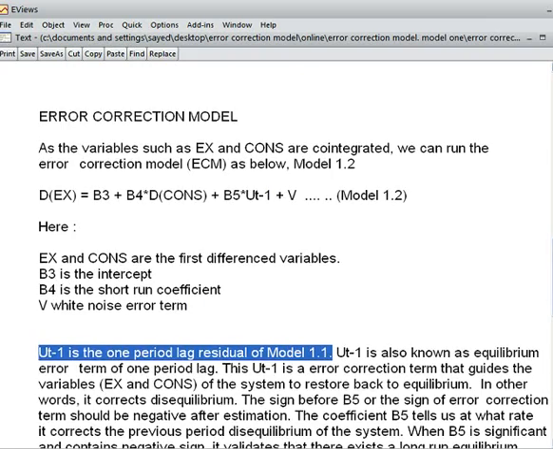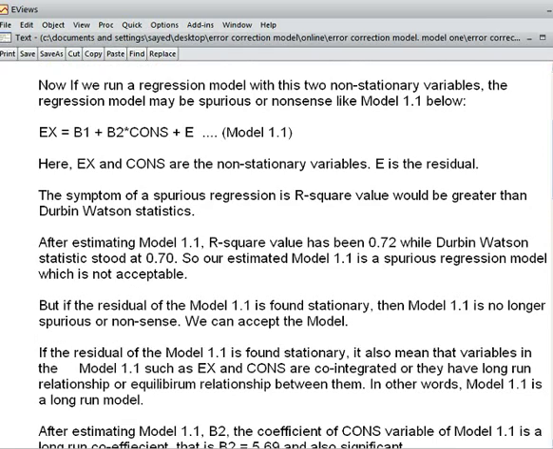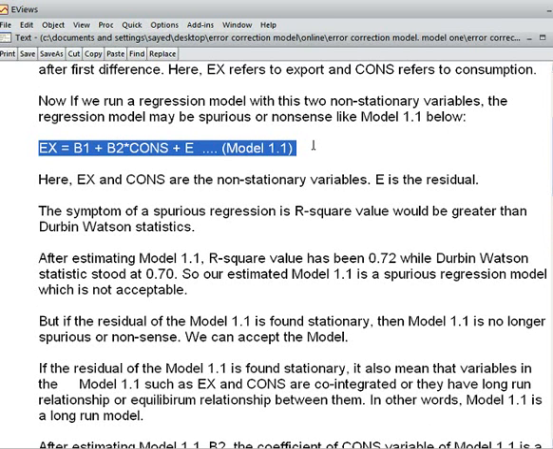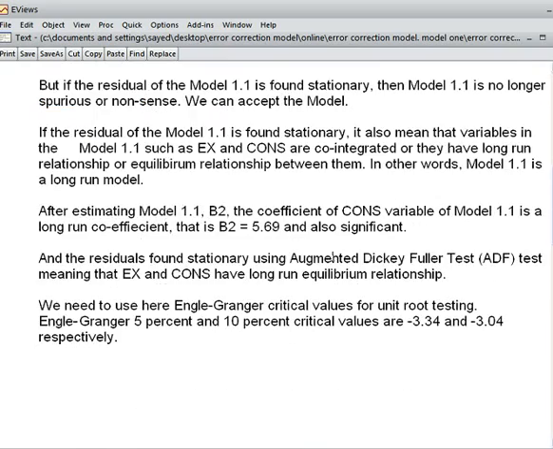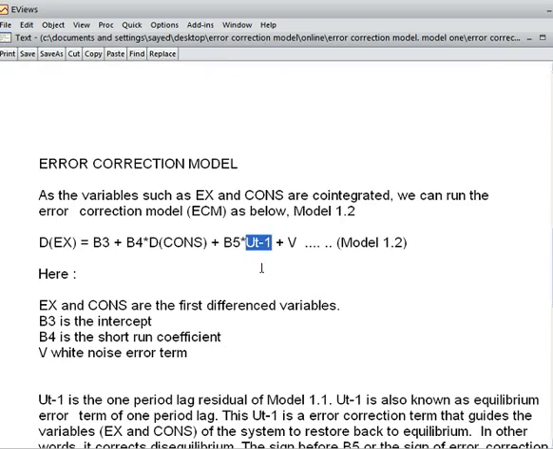We can go up, last time we saw it. We estimated this model 1.1, then we took the residual of this model, then we took one period lag of the residual, and that is ut minus 1.